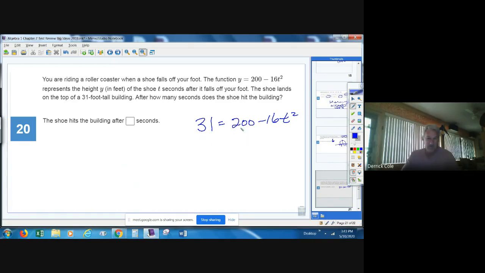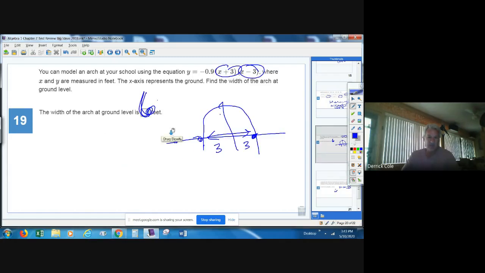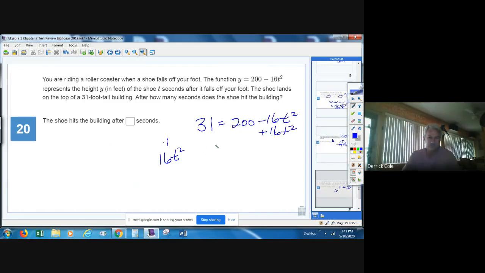All right, this is going to involve factoring. So I'm going to put 16t squared over here by adding it to both sides. I'm going to subtract 200 from both sides. That'll give me minus 169 here equals 0. These are both perfect squares.